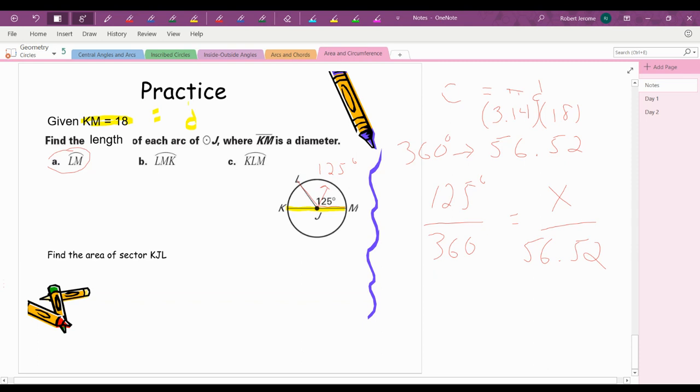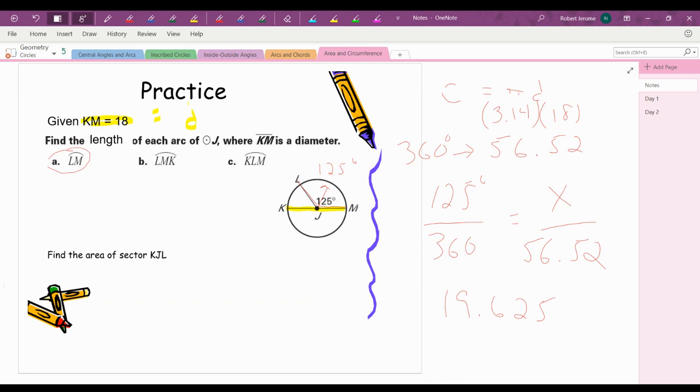And we are simply going to cross multiply. And when we do that, we get 19.625 units, whatever they are. Now keep in mind, you're taking a part of the circumference, so your answer should always be less than the whole circumference.